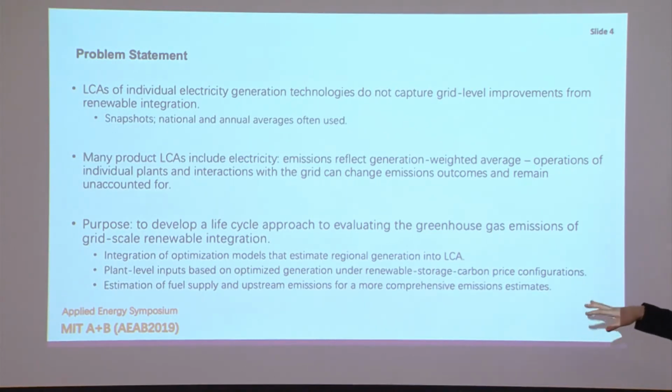Subtle changes in the grid can change emissions outcomes under different renewable, storage and carbon pricing options, and we looked at different configurations of these. What's different from just looking at the emissions of the electricity generators is that we also took into account the upstream fuel supply as well as the downstream generation, thus enabling a more comprehensive emissions estimate.